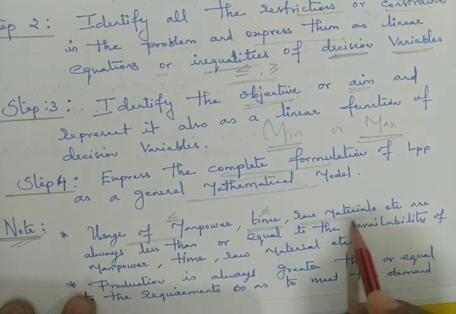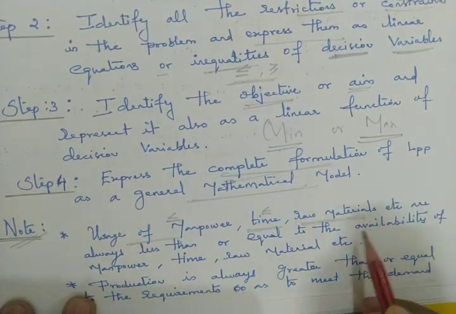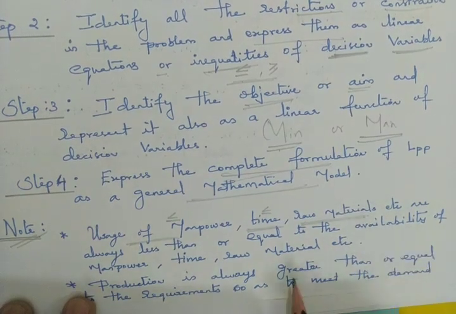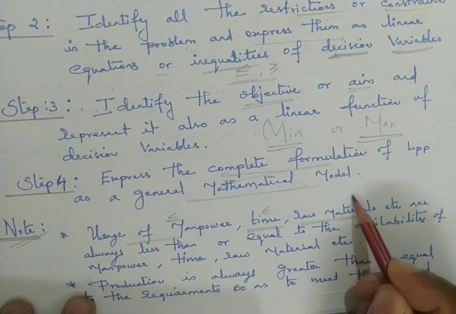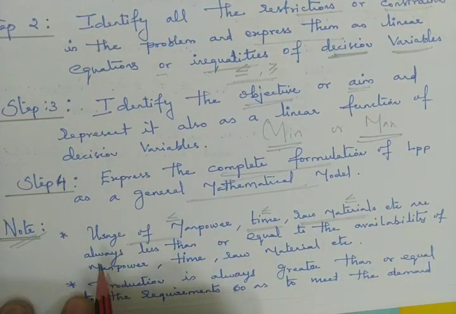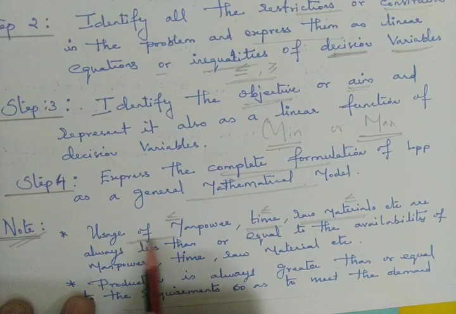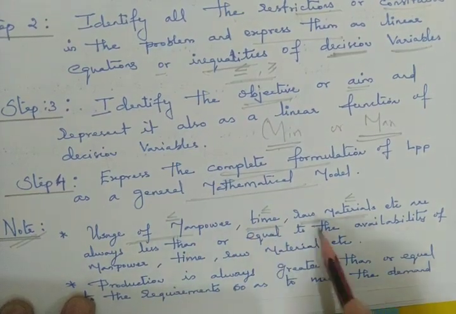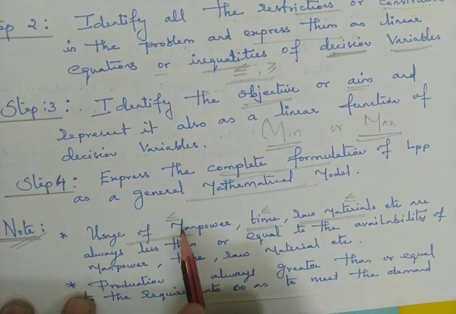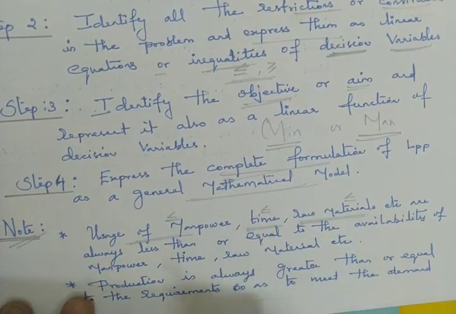If raw material is given to manufacture some product, you have to use the raw material so as to complete the product. In that case, you use less than or equal. Do remember that less than or equal applies to usage of manpower, time and raw material. In such cases, you put the inequality in the constraint as less than or equal.